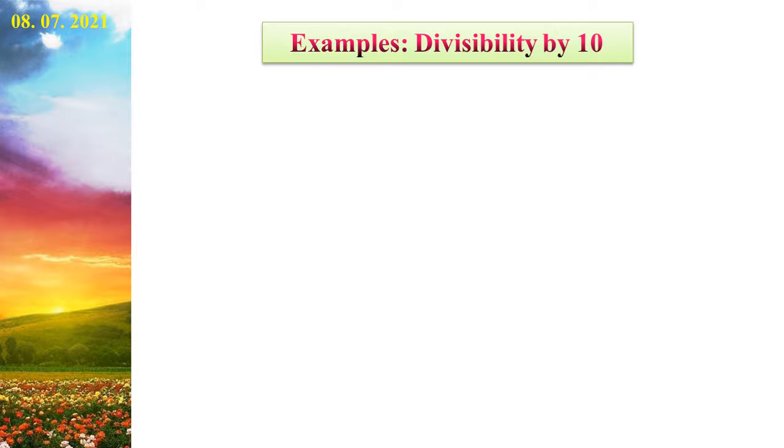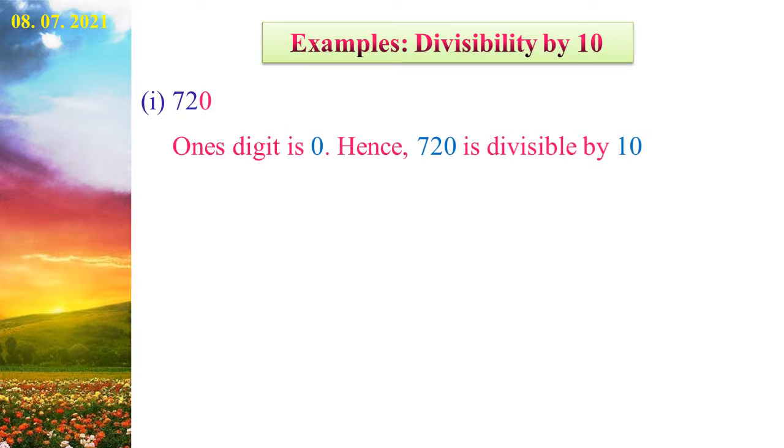Today, let us learn about the rules of divisibility. These rules will help us determine whether a given number is divisible by another number without actually carrying out the division. Let us have a look at different divisibility rules.